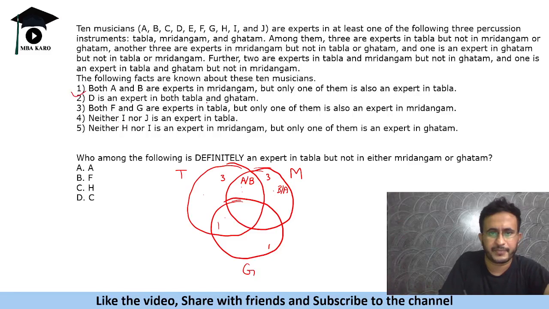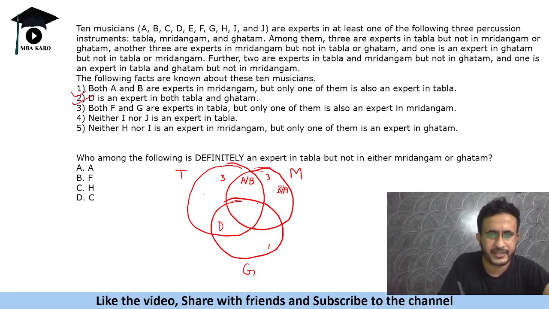D is an expert in both tabla and ghatam. So in tabla and ghatam, there is only one expert, so that is D. So D comes here. Both F and G are experts in tabla, but only one of them is also an expert in mridangam. So like we did for A and B, we have for F and G that they are experts in tabla.